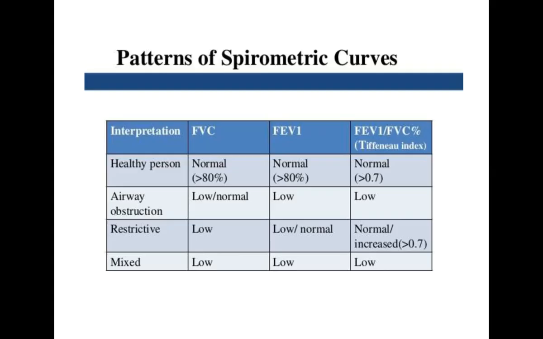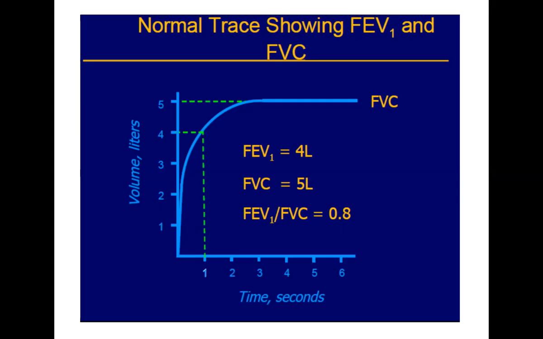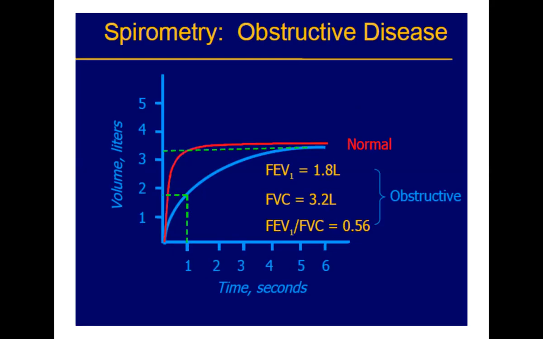So this is the graph of a normal pattern having a forced expiratory volume in 1 second of 4 liters, forced vital capacity of 5 liters, and the ratio is 0.8. In obstructive disease, it's 1.8 liters, the forced vital capacity is 3.2 liters, and the ratio is 0.56.